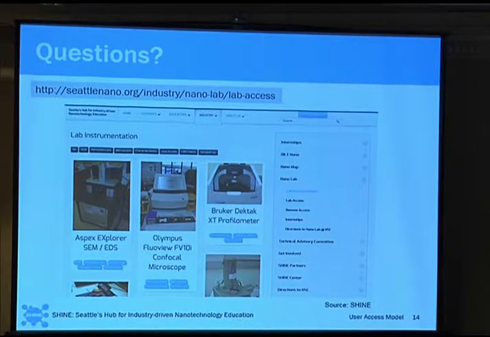Before we set up the user facility model, I did a scan of the region to make sure that we weren't competing with any other local companies. The pieces of equipment that we offer for user access are strategically placed to fill holes in the local metrology industry, if you will.